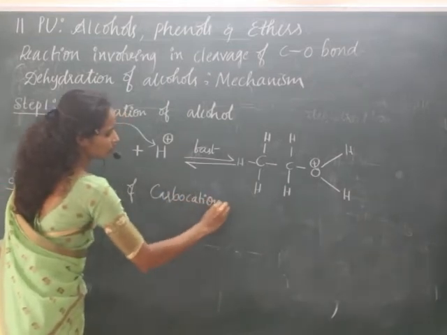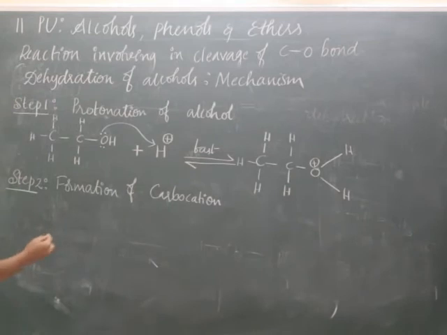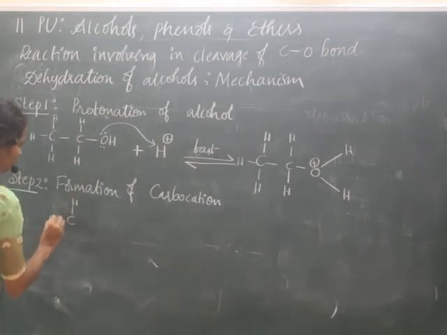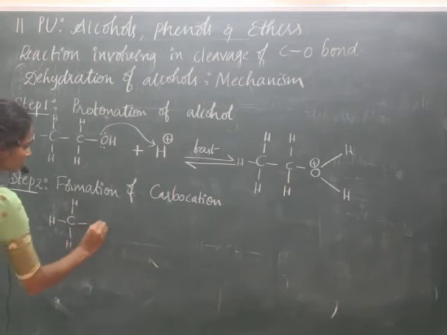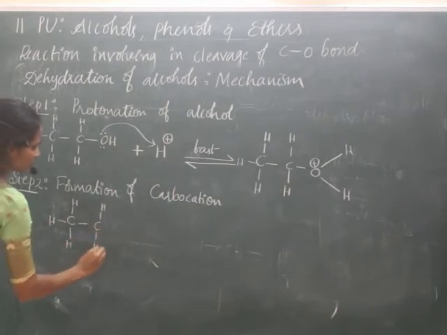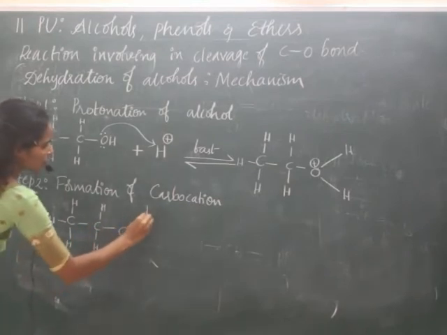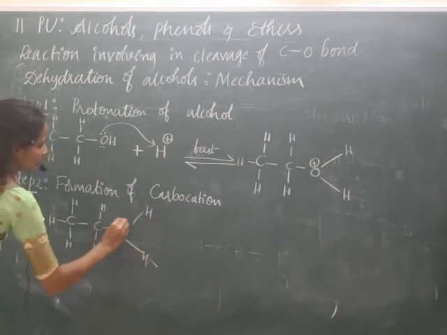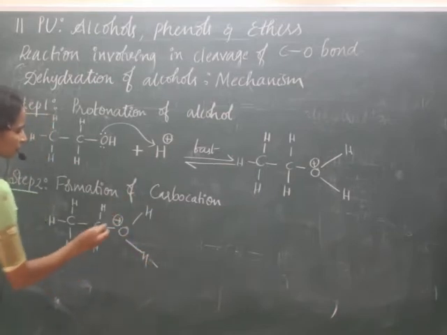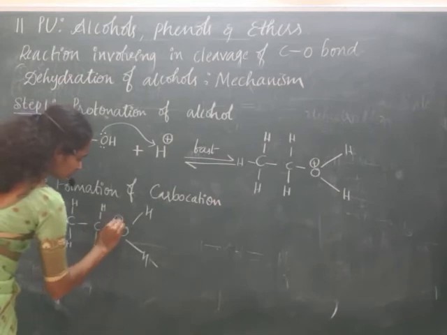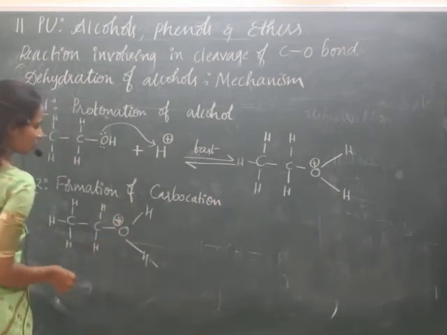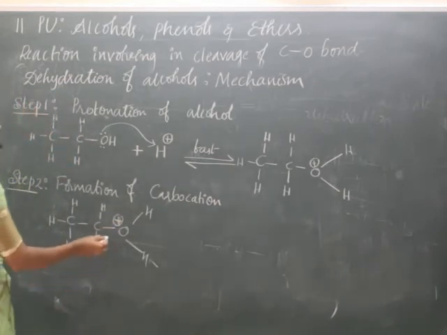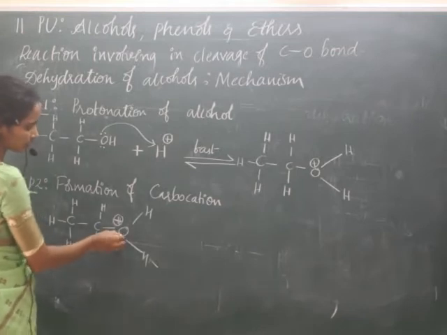I will take that compound, CH3CH2 with the protonated alcoholic group. Now see properly, this is protonated and oxygen is electronegative and electron deficient.